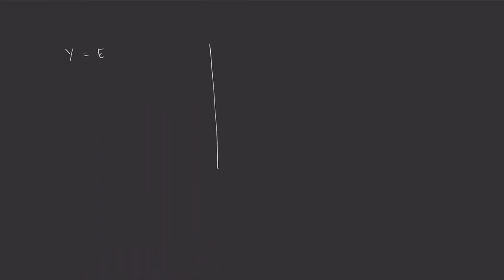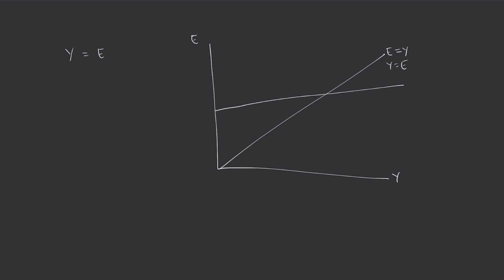On the aggregate expenditure model, you have E on your y-axis, as mentioned before, and Y, which is your national output or national income, on the x-axis, and then E equals Y or Y equals E, same difference. Then you would usually have something that intersects, and your equilibrium would be found here. So that's basically the aggregate expenditure model.